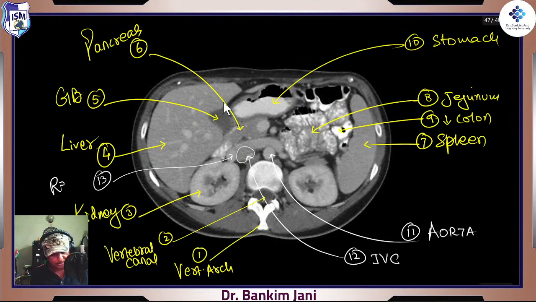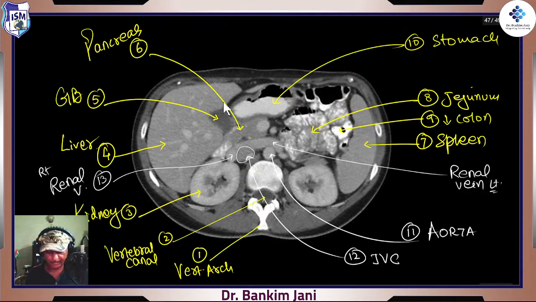That would be the renal vein. And see, this bigger one which is going, that is also the renal vein. The only difference is right and left. So right renal and the left renal. Done?